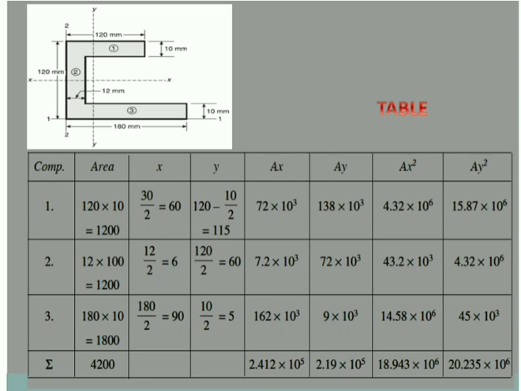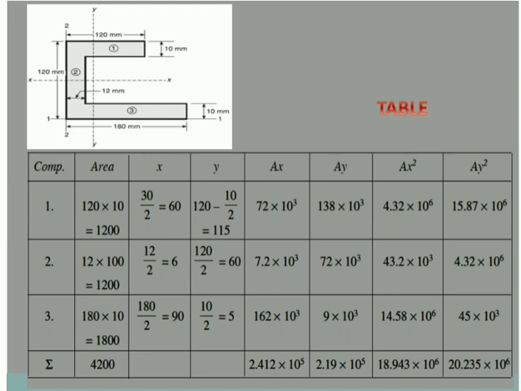Then the y value will be 120 minus 10 by 2, or we can go ahead like 10 by 2 plus the vertical height plus the 10. But as the vertical element height is not given, you should be careful. The second element height will be 120 minus 10, that is 100. Look at the example, 120 is mentioned directly.